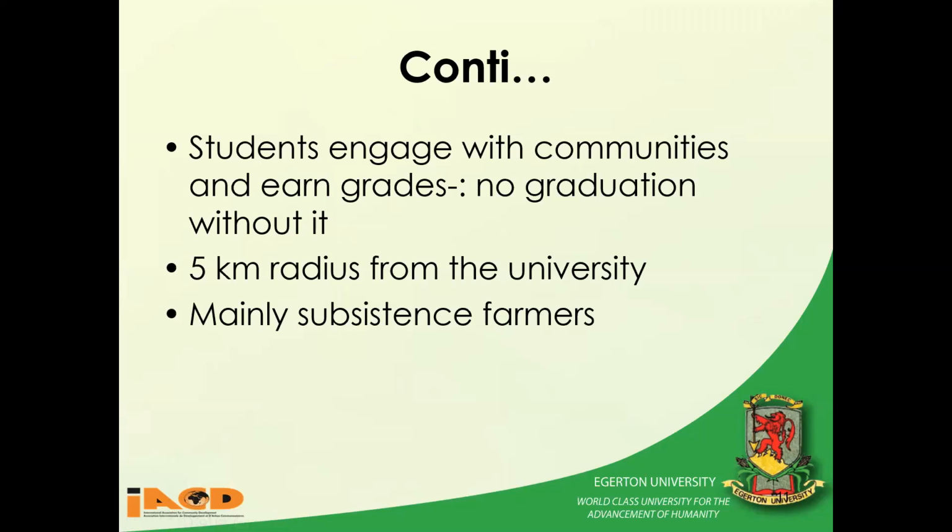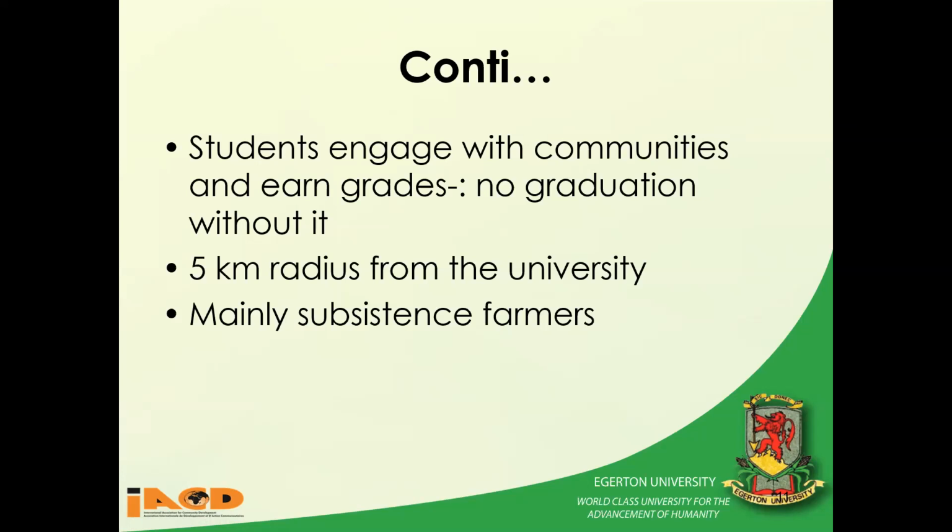So students engage with communities and they earn a grade. Without that, the student will not graduate. We have a series of units that lead to that particular engagement. So we prepare the students before we release them to the field. We only cover around 5 kilometers radius from the university, mainly because of resources.